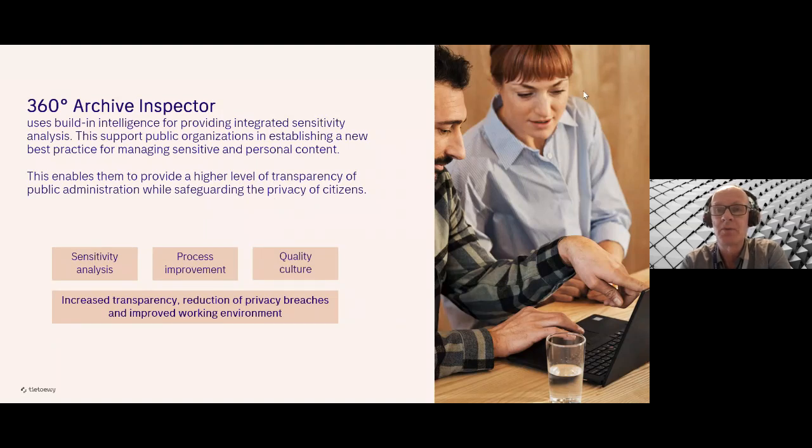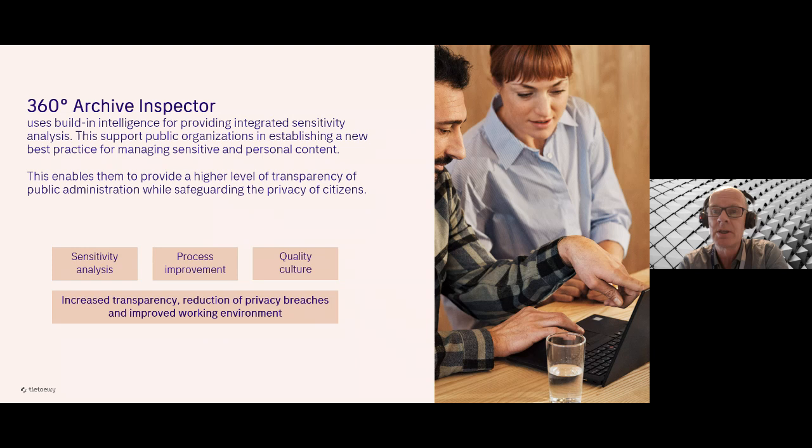Thank you. So we are very proud to introduce the next version of 360 Archive Inspector. In this version, we deliver on some of the most wanted functionality by our customers, and we will have a closer look at this. But first, a reminder of why Archive Inspector can play an important part for you as a customer.